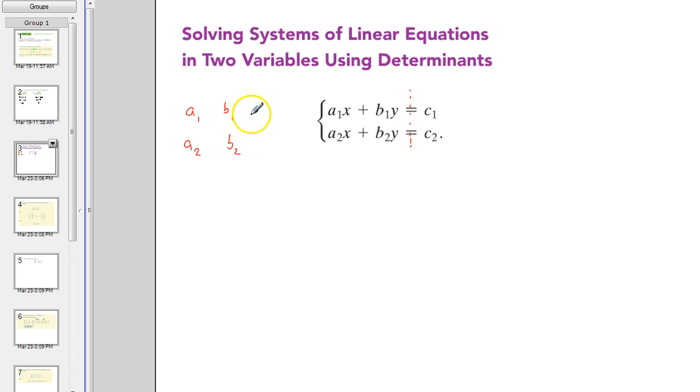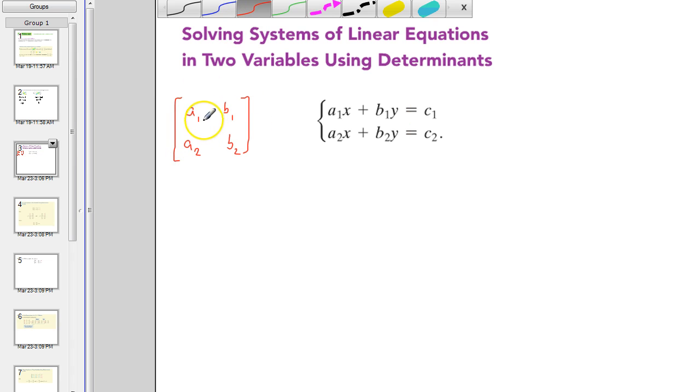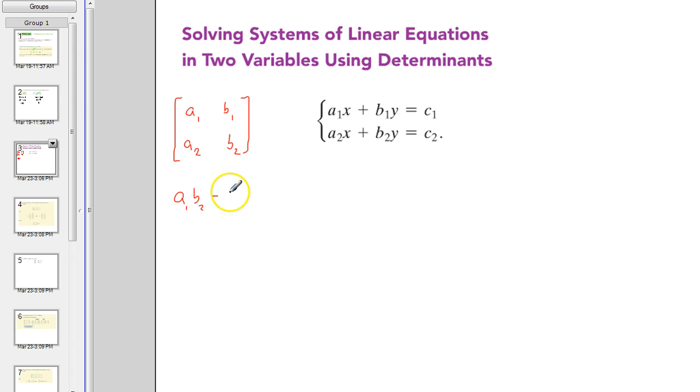Okay, so there's a matrix of the left-hand side. Alright, now what's the determinant of that matrix? Well, again, multiply these two together, you'd get A1 times B2, and then you subtract these two, so minus A2 times B1. So I'm going to put that there. That's going to be kind of important. I'm just going to stick that down here on the bottom of the page.